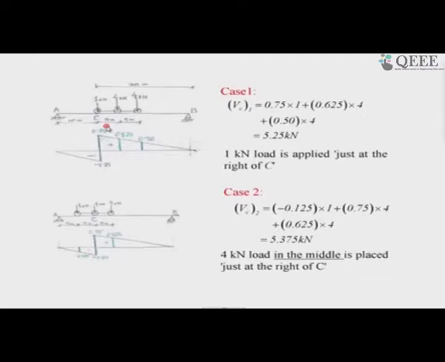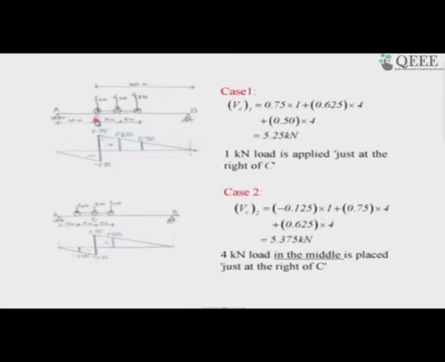If I am sitting at C and look towards my right, I see all three loads, and as it is just right of C, the distance it is away from C is so small that while writing the distance of these two 4 kilonewton loads, I do not account for this small distance.